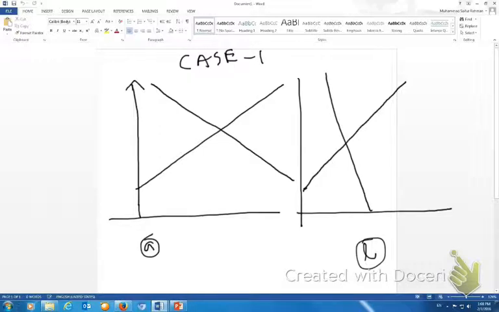Okay. Let's focus on A first. So at A, this is the original price and original quantity. P star and Q star is the original price and the original quantity that you would see in a marketplace.